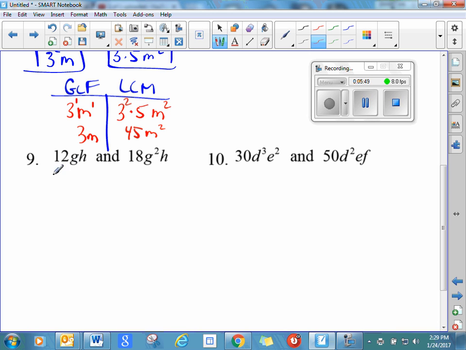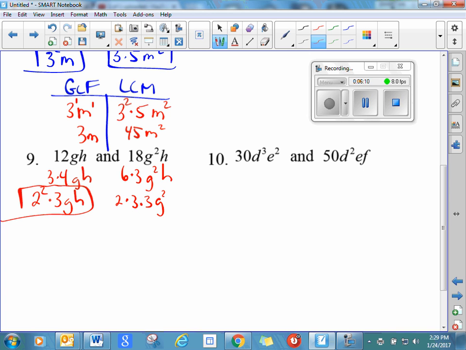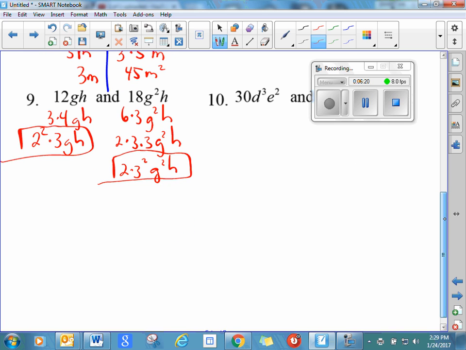So let's look at 9. 12 is 3 times 4 GH, which is 2 squared times 3 GH, and it's in a box. 18, 9 times 2, 6 times 3, doesn't really matter, G squared H. So this is 2 times 3 times 3, G squared H, or 2 times 3 squared, G squared H, all boxed up. And now I'm finally ready to start writing my T-chart.